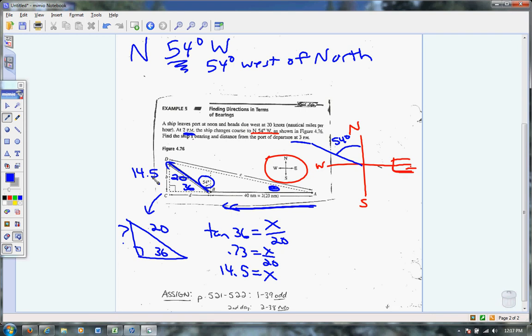Okay? And look what I know. I know that this thing right here is 40 because they went 2 hours at 20 knots. So this right here is 40. The only other piece I need is this. And I can do that, can't I? Because didn't I just find out that this side right here is 14.5? You can either do Pythagorean Theorem or you can do trigonometry to find that side.